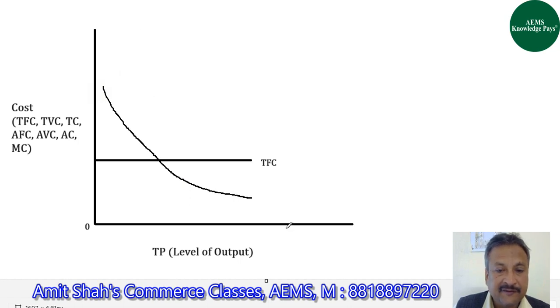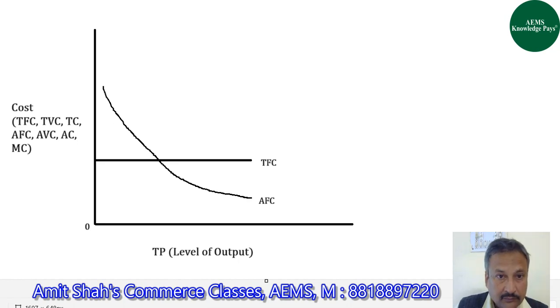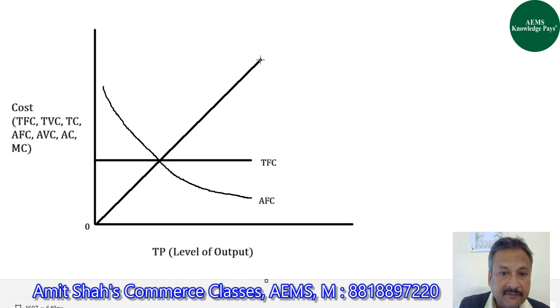This is AFC, downward trend. With increase in output, it keeps decreasing and starts from infinity. It does not touch any of the axis, right? This is TVC, starts from origin and then has upward trend. With increase in output, TVC will always increase.